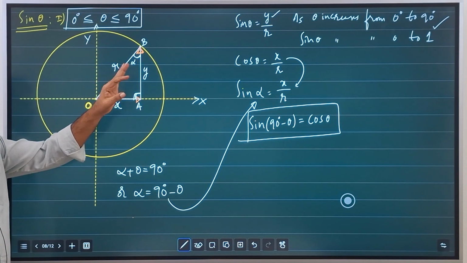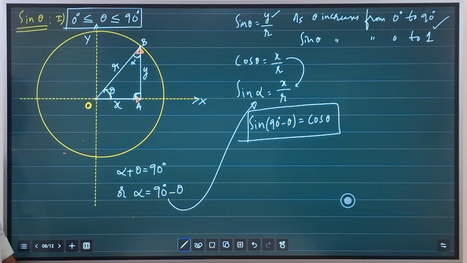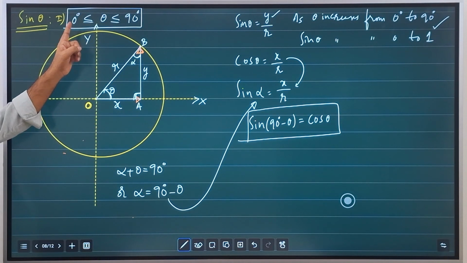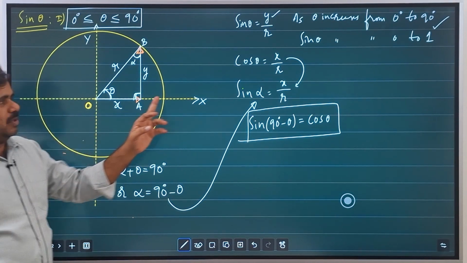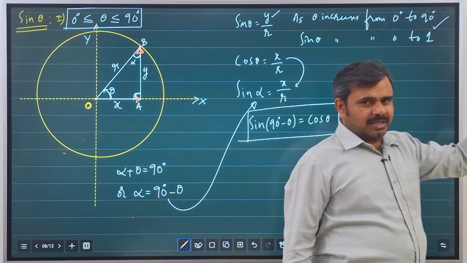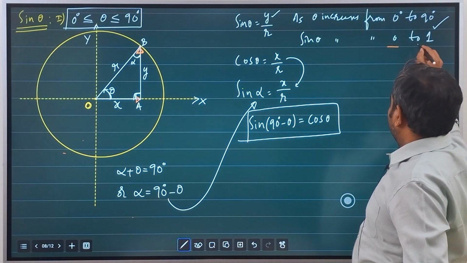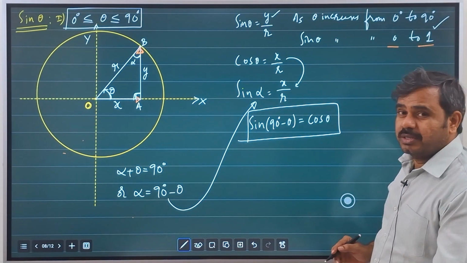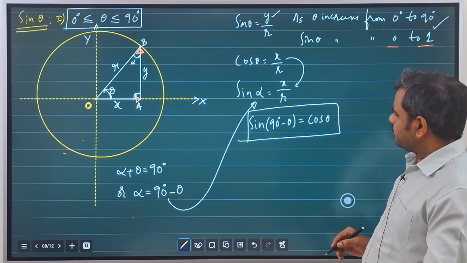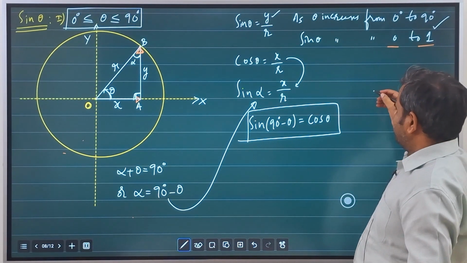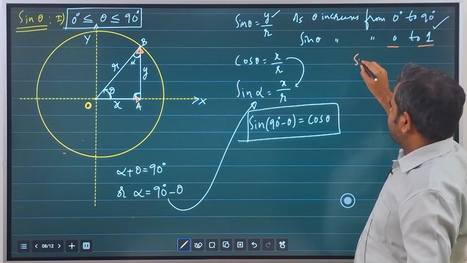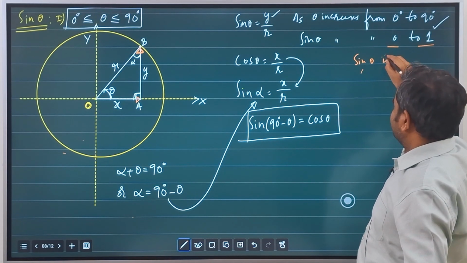So all values of sin theta are positive in this quadrant. And all values of sin theta lie between 0 and 1. It means sin theta values are positive. So sin theta is positive and increasing.